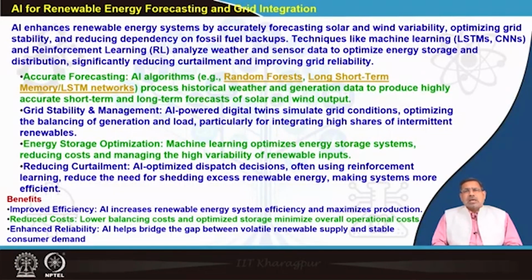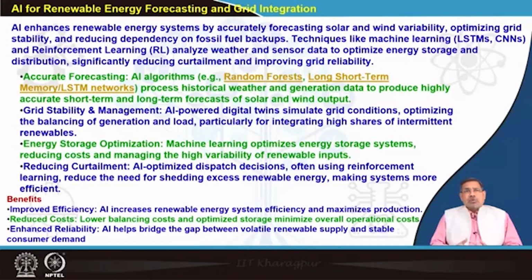Techniques like machine learning and reinforcement learning, such as RL, analyze the weather and sensor data to optimize energy storage and energy distribution. That is how it significantly reduces curtailment and thereby improves the reliability of these grids.